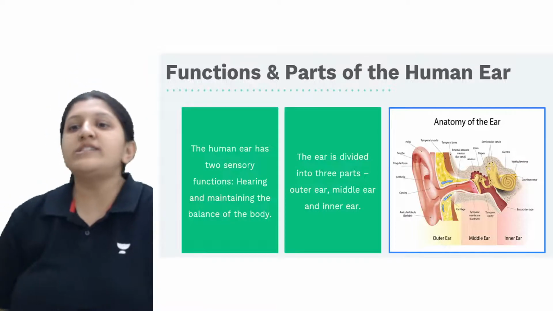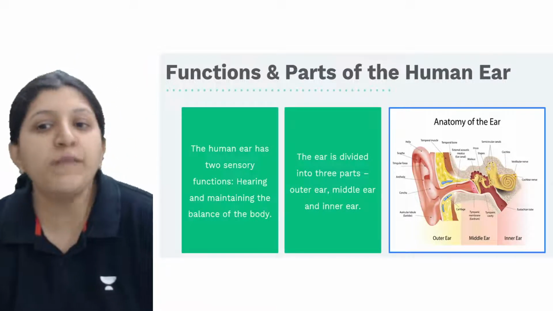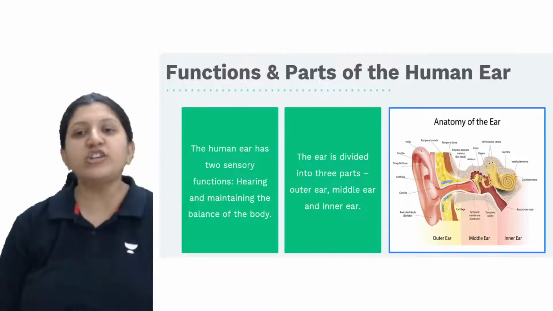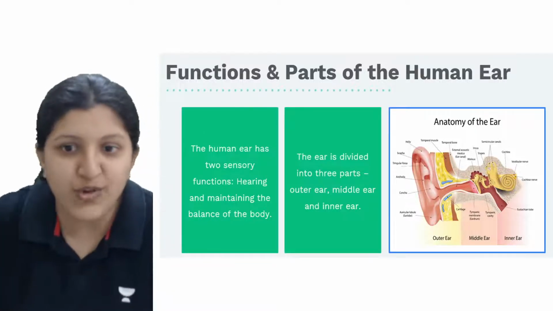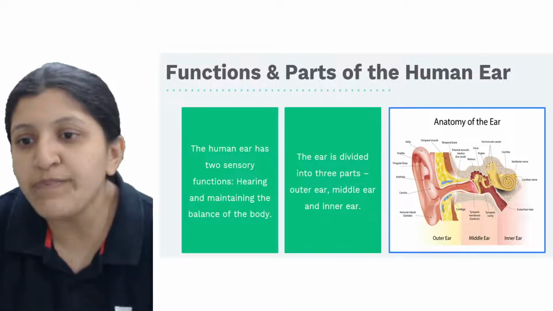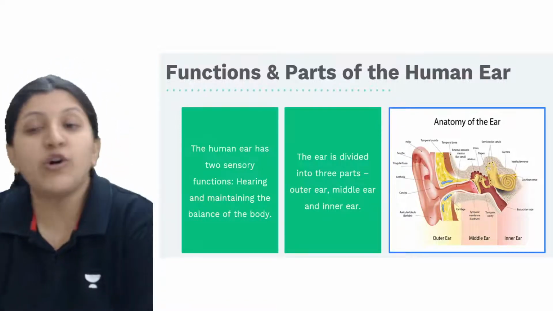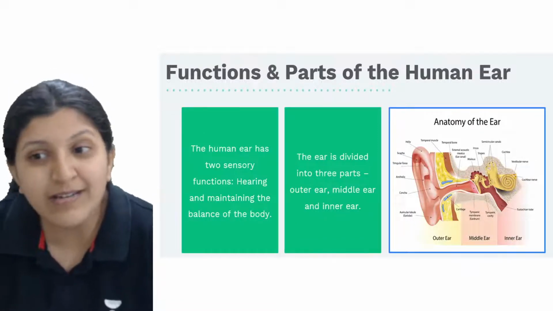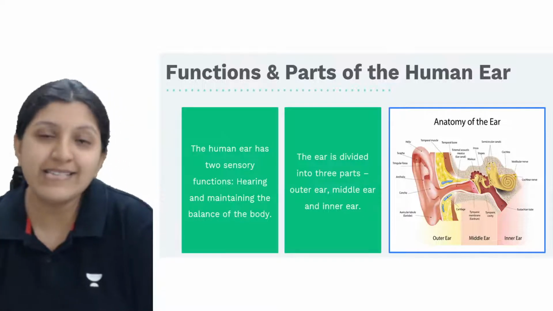Moving on to the next part, that is the functions and the parts of the ear. The human ear has 2 sensory functions. There is the hearing function, and maintaining the balance of the body is another function associated with the ear. Now the ear is divided into 3 parts: the outer ear, middle ear, and inner ear.